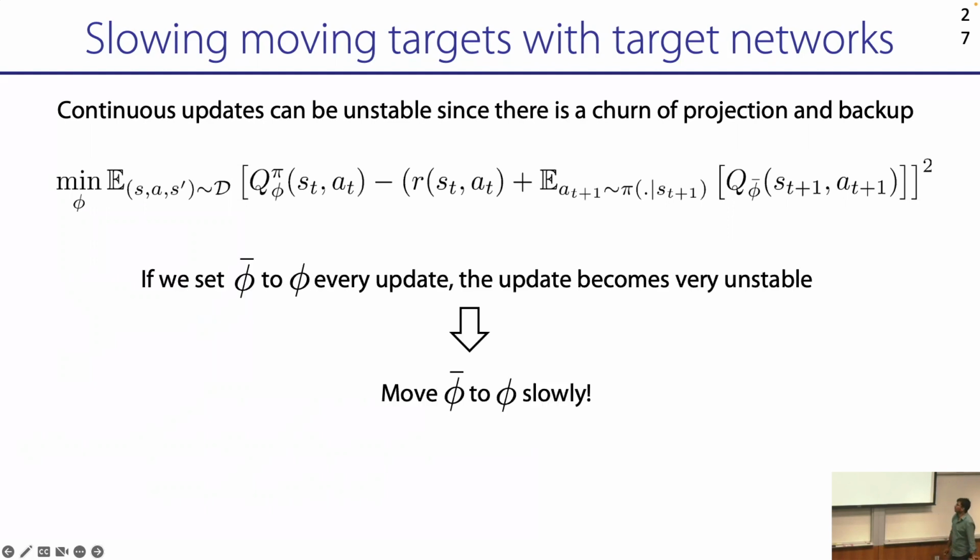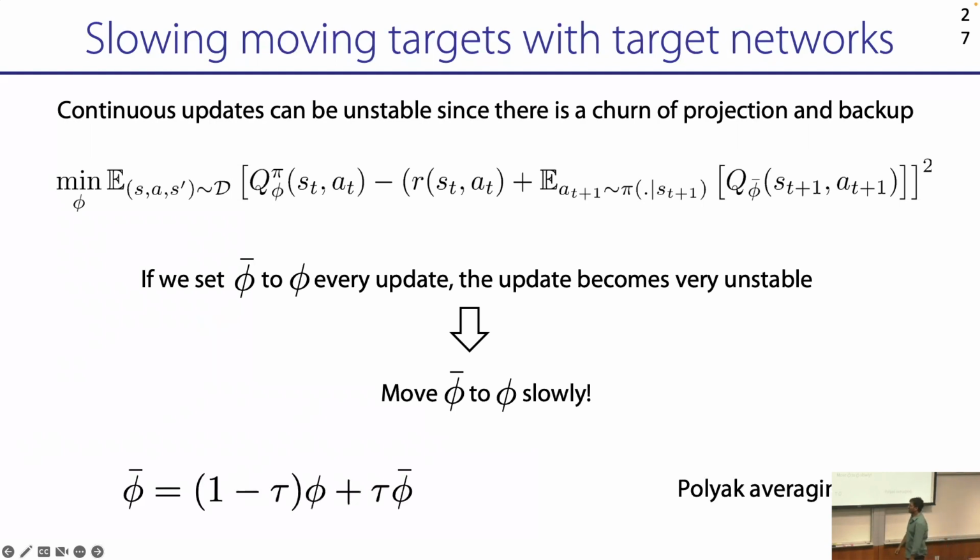So you're just going to hack it. Rather than moving phi bar directly to phi, you move it slowly. Rather than saying phi bar is equal to phi, you say phi bar is 1 minus tau times phi plus tau times phi bar. Depending on your choice of tau, you allow it to move slowly or fast.